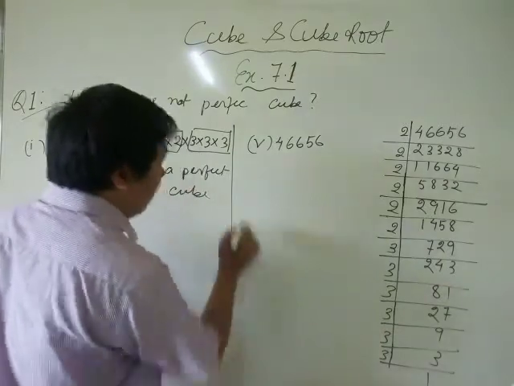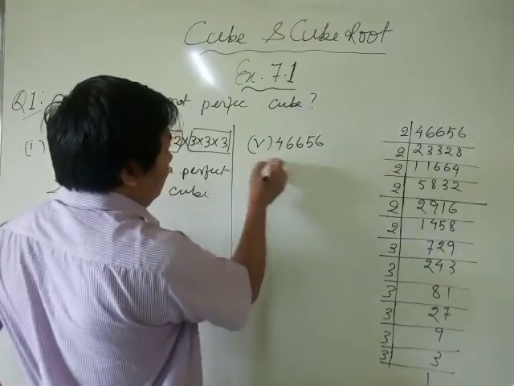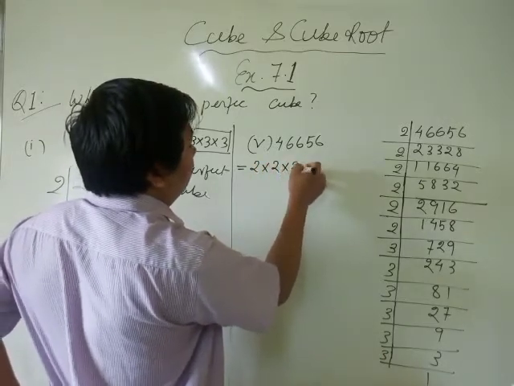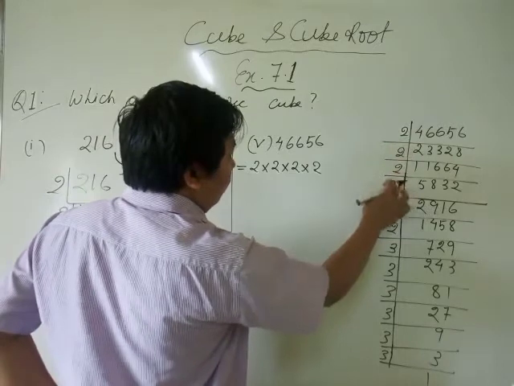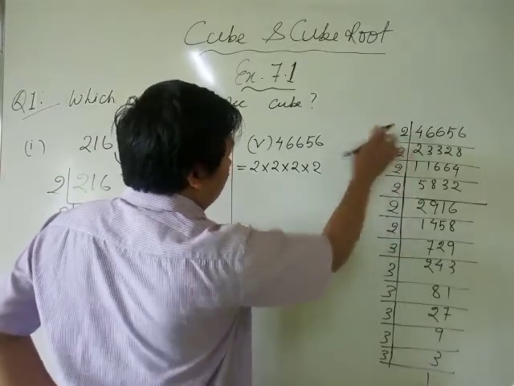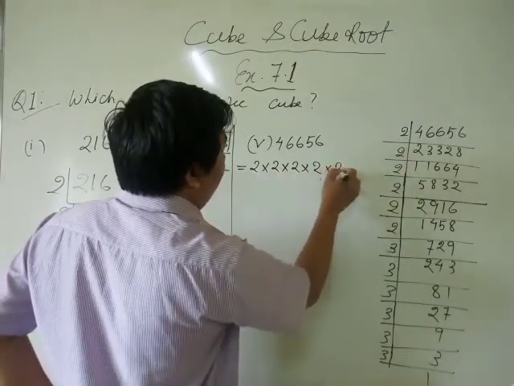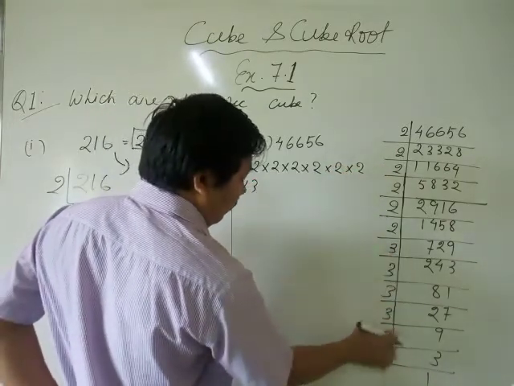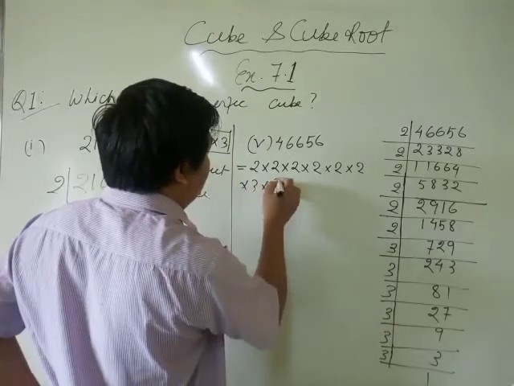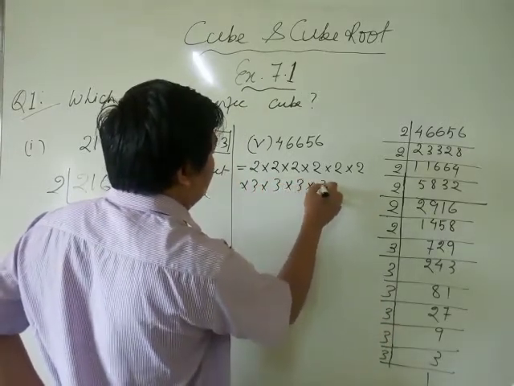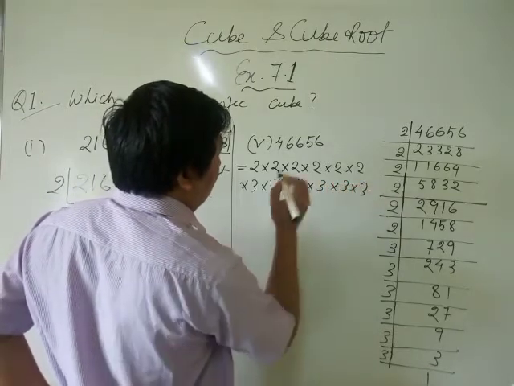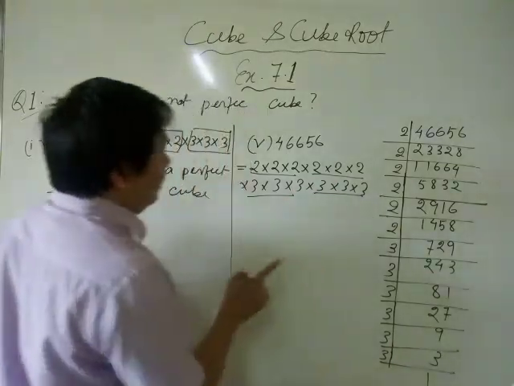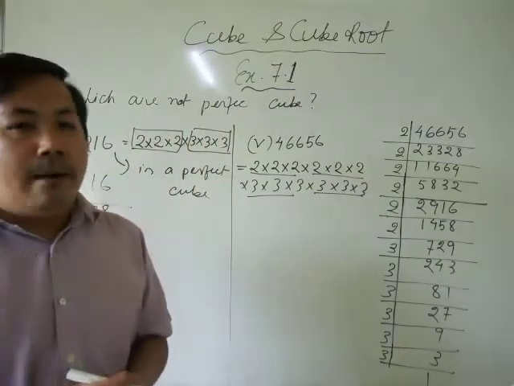So here we have the answer: it can be written as 2 into 2 into 2 into 2, six 2s in total, grouped in threes, and likewise six 3s grouped in threes. So here we can group three of them. Yes. So that means the number given here is also a perfect cube.